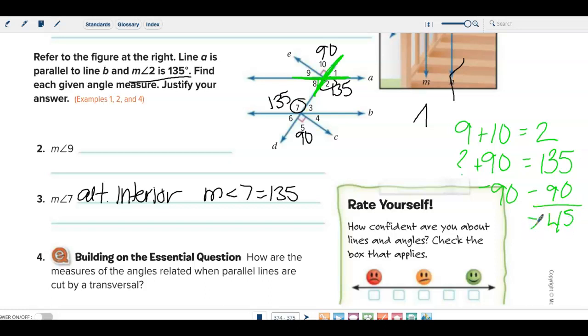So the measure of angle 9 is 45. I should not use green. You guys need to talk to them. So 45. And we would know that because 9 and 10 are vertical to each other, or the measure of angle 9 plus the measure of angle 10 gives me the measure of angle 2.